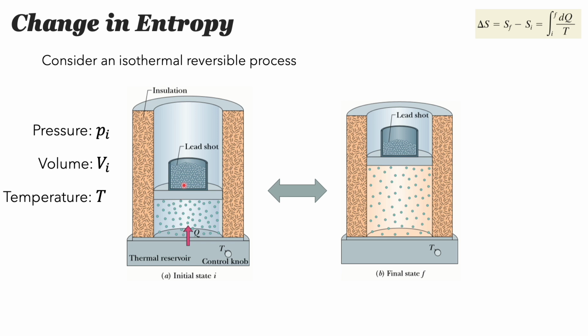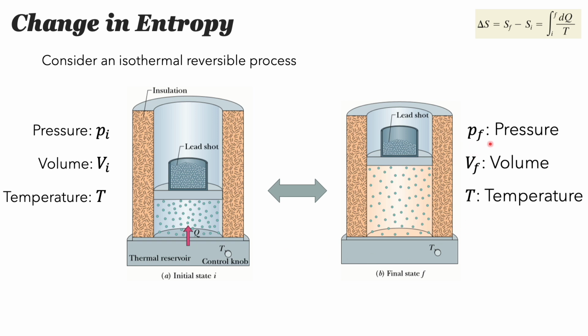We reduce the lead shots to a certain value as we like, then we let the gas expand on its own. When it does so, its temperature decreases, and in order to maintain the temperature, heat is provided from the bottom, from the thermal reservoir.